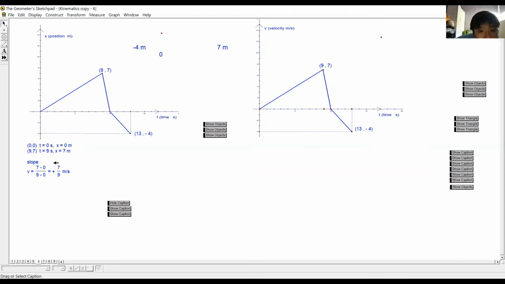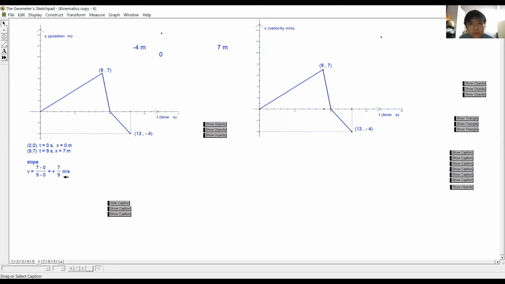The second thing, which is hidden and we cannot see directly, is the slope of the line. I calculate the slope of the first part: 7 minus 0 divided by 9 minus 0 is 7 over 9, a positive number.